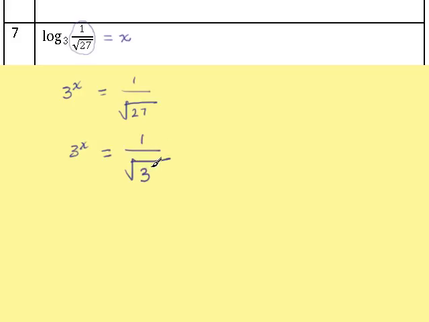So we notice that 27 is 3 cubed, and we can write the square root as exponent 1/2. So in the denominator, we have 3 to the 3/2. And finally, 3 to the 3/2 in the denominator is 3 to the minus 3/2. So x is negative 3/2.